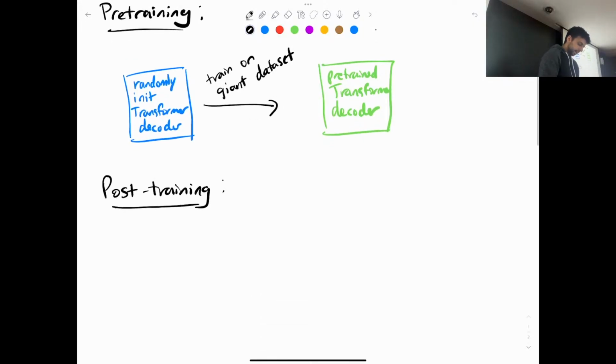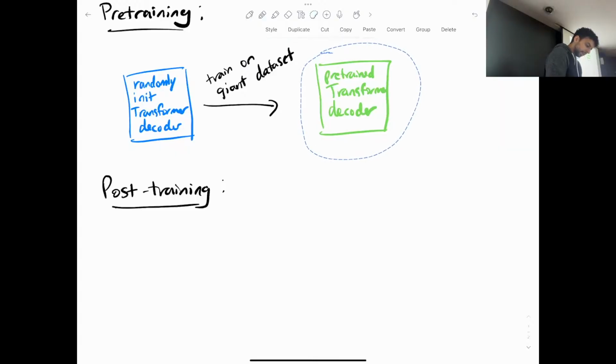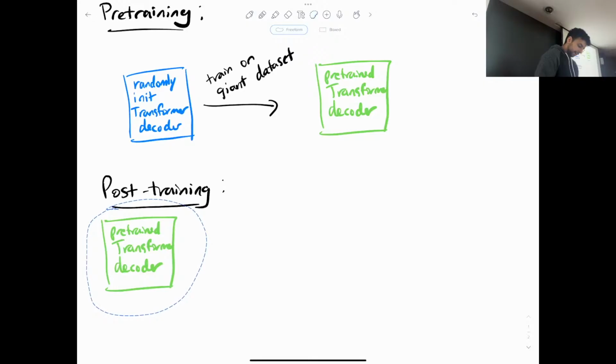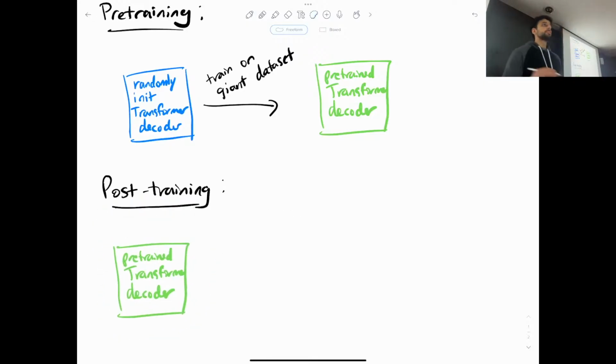And so here we will take this output of the pre-training stage. So note that the parameters that we start with in post-training are not randomly initialized, but they are the output of the pre-training stage, right? We don't want to repeat all of the work that we've put in training on these trillions of tokens.